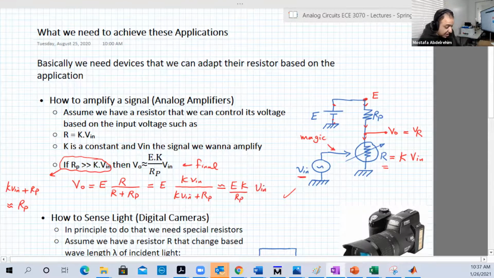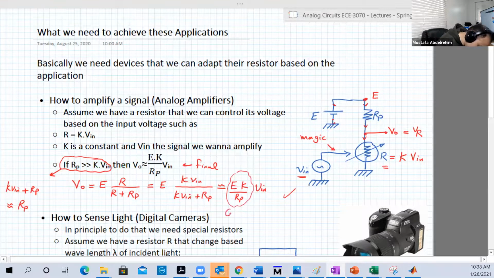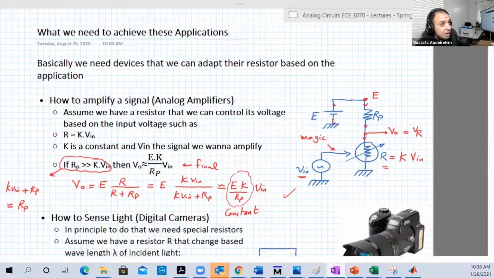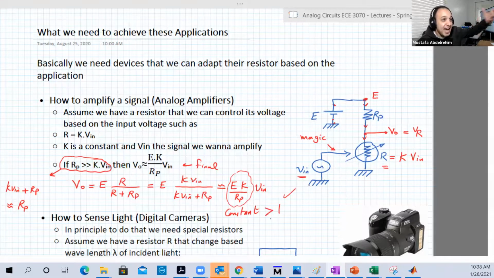And let's look at what we have got. All that is just a constant, right? E is a battery constant, K is constant as well, RB is constant. If this constant is greater than 1, that means that we have an amplified version of the input at the output.